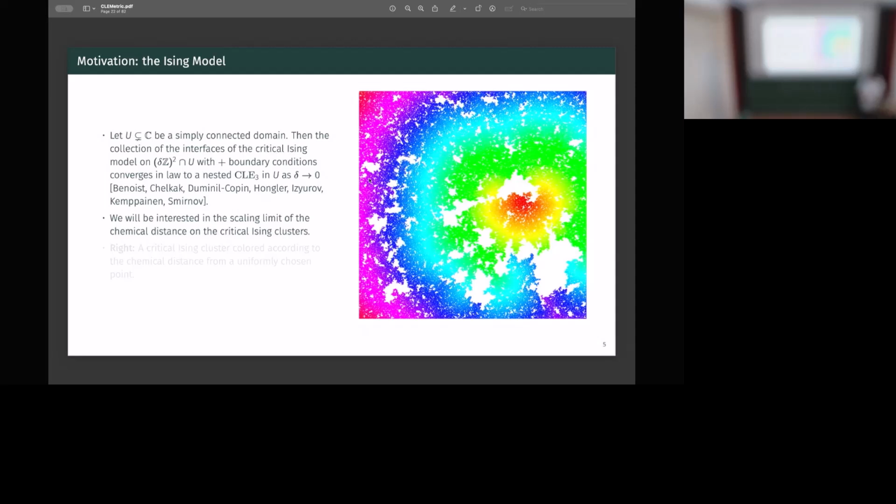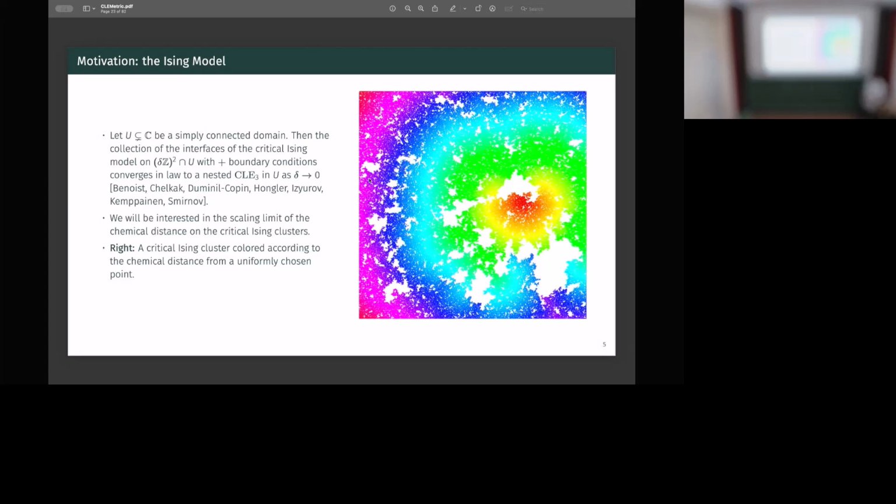We will be interested in the scaling limit of chemical distance in these clusters. A cluster is just a connected component of plus points or minus points. And the chemical distance is just the graph distance, which is the shortest length of a path in a cluster between 2 points. This is a simulation of the critical Ising model, and this non-white part is just one cluster.